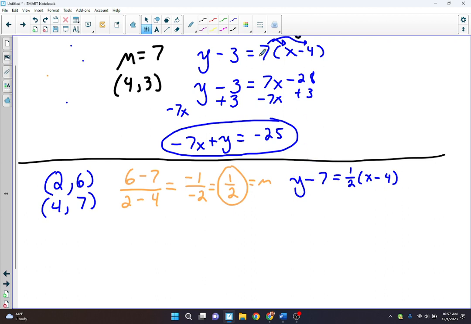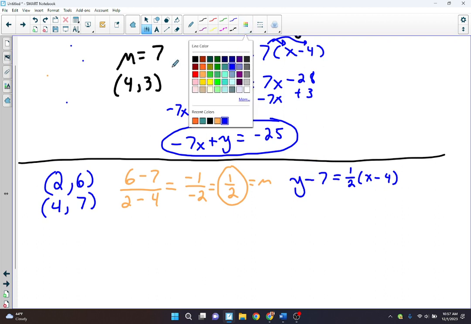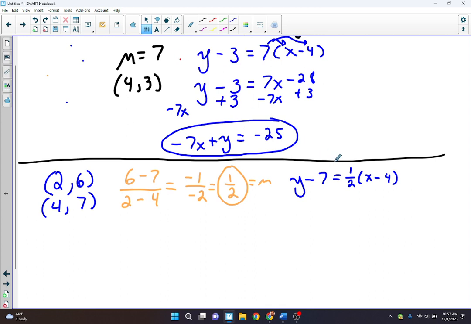Okay? Now, the problem here is I have a fraction, and that's kind of annoying. What you can do is multiply everything by a 2. So I'm going to multiply it here, I'm going to multiply it here, and I'm going to multiply the half by 2. The reason I chose 2 is because the denominator is 2.